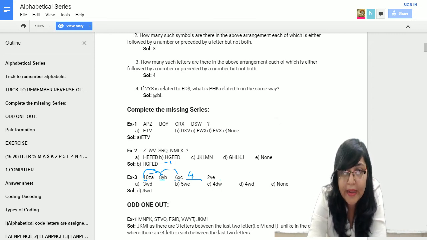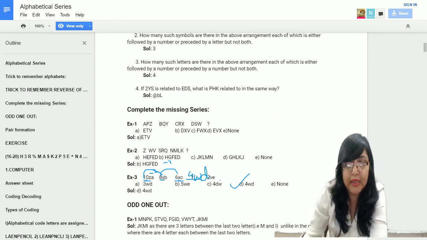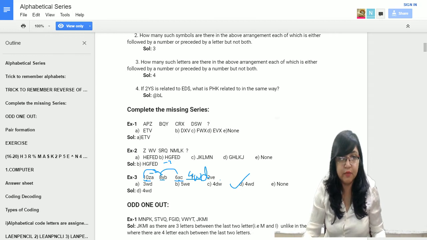What would be over here? W. Clear? Next, we have A, B, C. So what would be over here? D. So your answer would be 4WD. Clear? Now let's move on to some questions from the exercise as well.